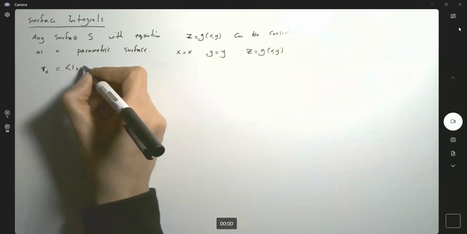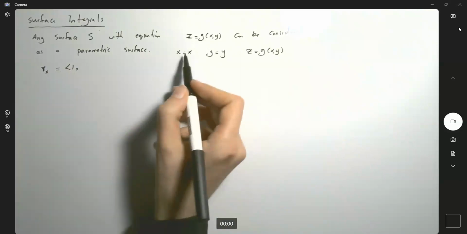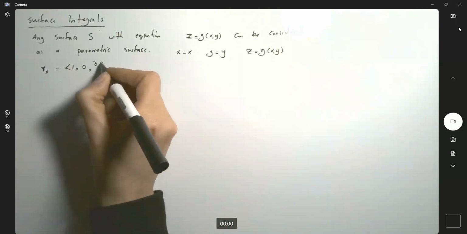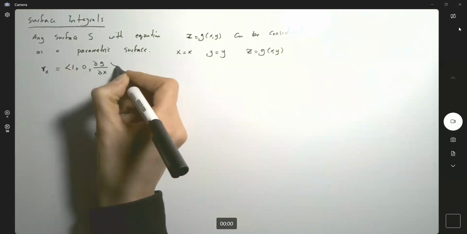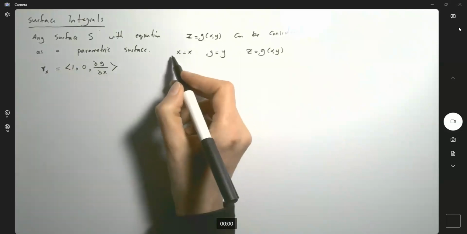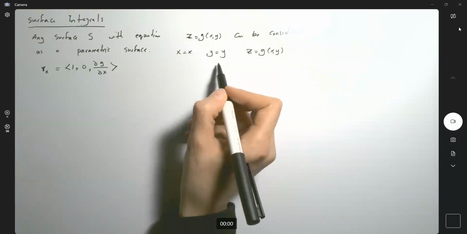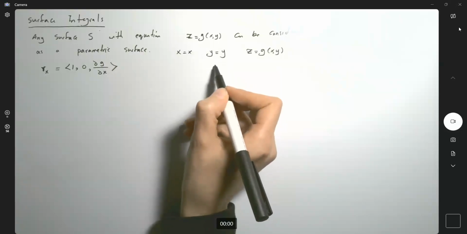1. And it doesn't have any y in it, so it's going to be 0. And then the partial derivative of g with respect to x itself. So you have x, partial derivative with respect to x is 1. y, partial derivative with respect to x is 0.